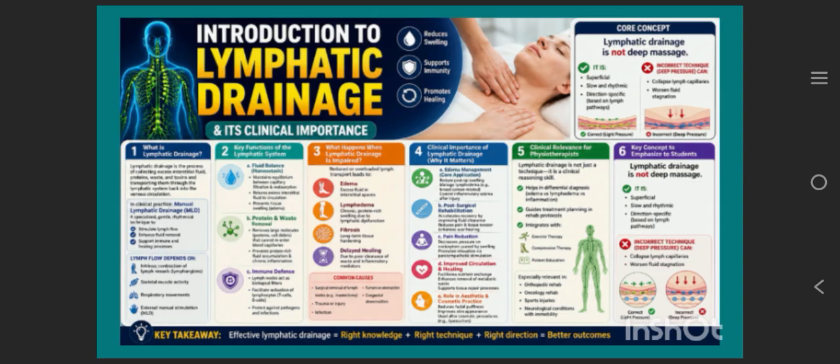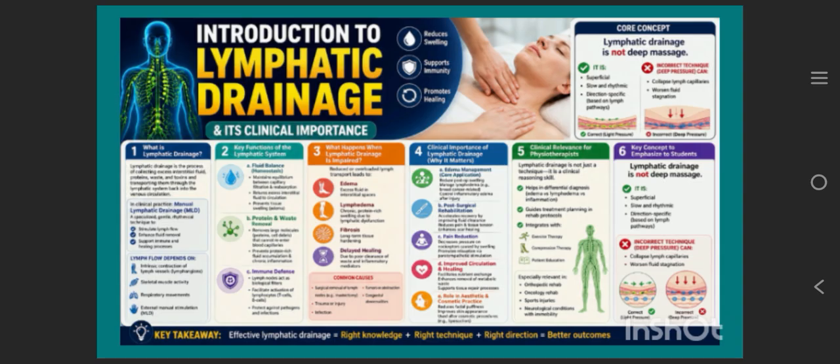MLD is widely used to reduce post-operative swelling, secondly to manage lymphedema, especially breast cancer related, and thirdly to control inflammatory edema after injury.